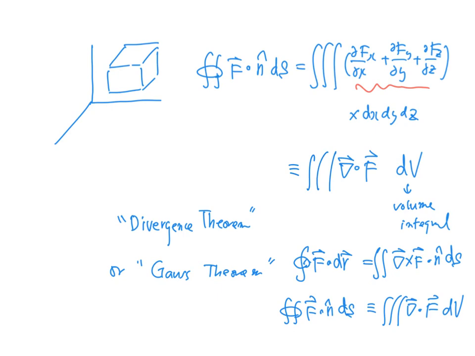So, following example. Any questions about Stokes theorem and divergence theorem? These two are probably the most important mathematical theorems for vectors. And Stokes theorem is especially important because it was used to invent the generator.